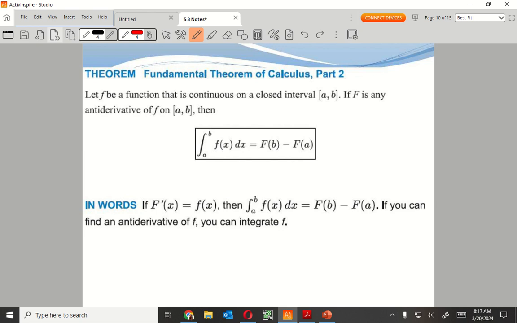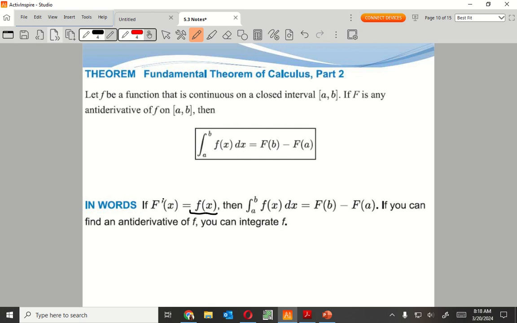So in words, capital F was the integration, right? F prime, with the tick mark, means the derivative. So what this is saying is, I took a derivative of the integration and it's just going to be the function. Capital F is integration, where the tick mark means I'm doing the derivative of that.